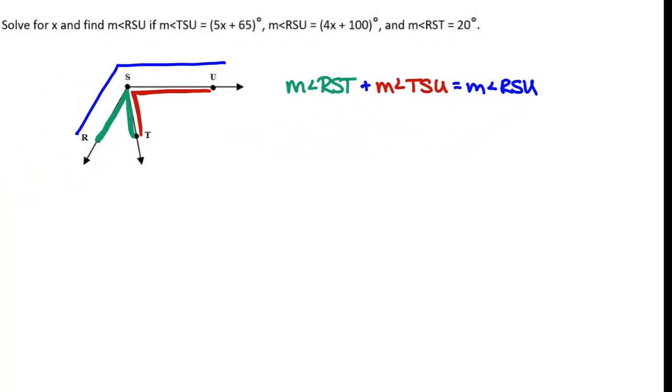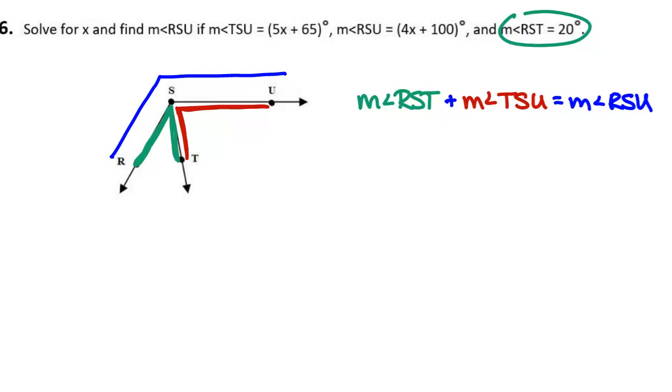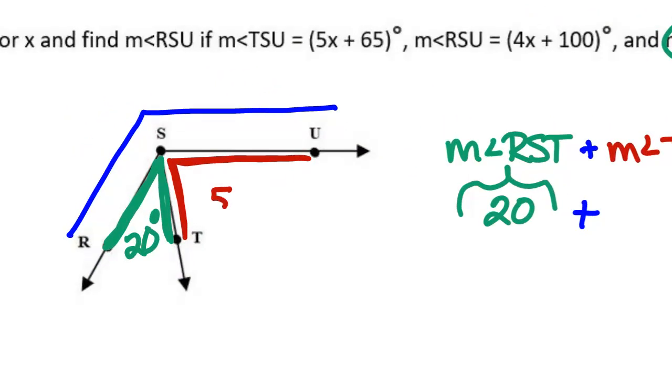Do we know how big angle RST is? 20 degrees. So I'm going to replace the measurement of RST with 20 degrees. Do we know how big angle TSU is? 5x plus 65 degrees.